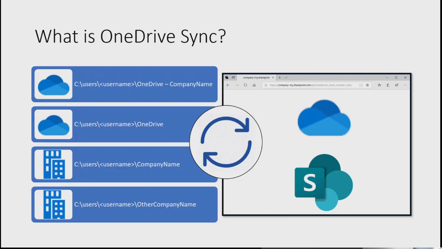Now, if you're syncing SharePoint folders from another tenant, another organization, whether it's a partner, a client, or vendor, for common scenarios, then you'll see that company name show up as a folder in user profile. So Sync handles all 4 of these scenarios, and that's what the Sync tool does.